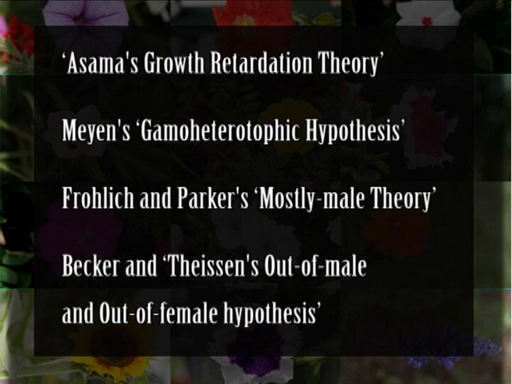The out of male and out of female hypotheses are based on a floral homeotic protein quartet model and evolutionary development of pollen-bearing and ovule organs of the cone axis.